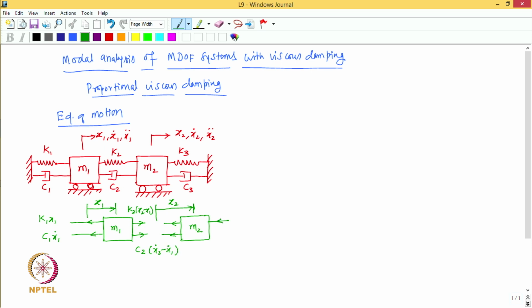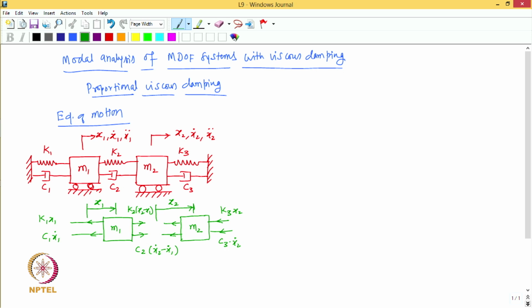Then we have the spring force due to k3, that is k3 x2, and the damping force due to c3, which is c3 times x2 dot. This is how we have made the free body diagrams of the two masses.